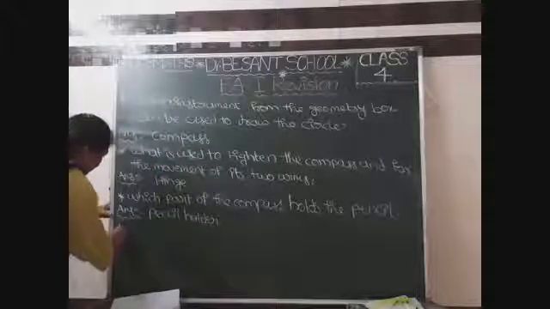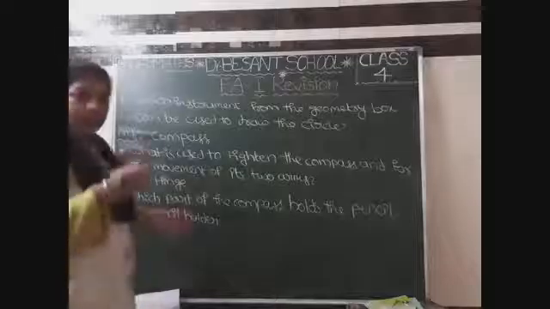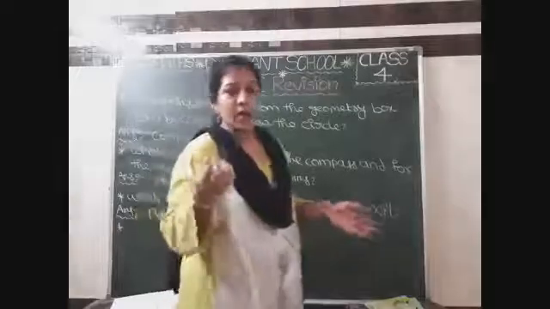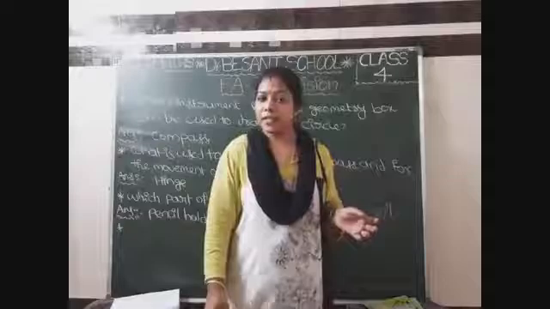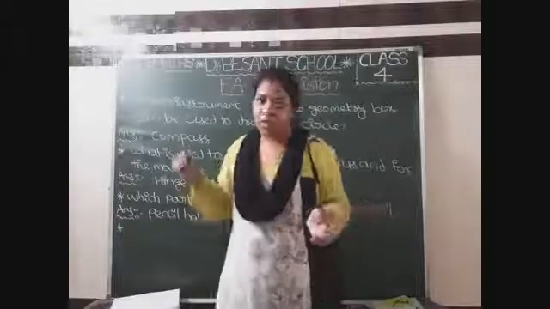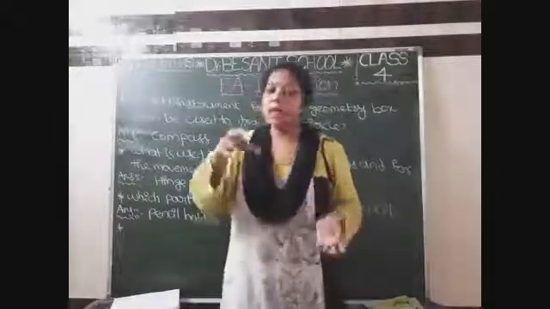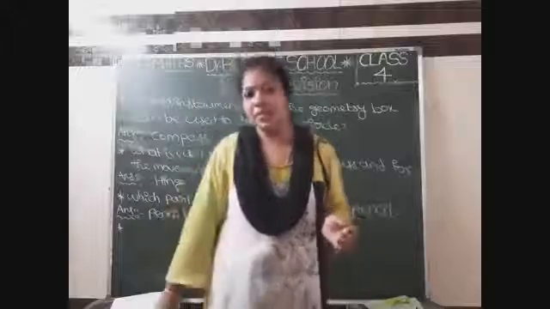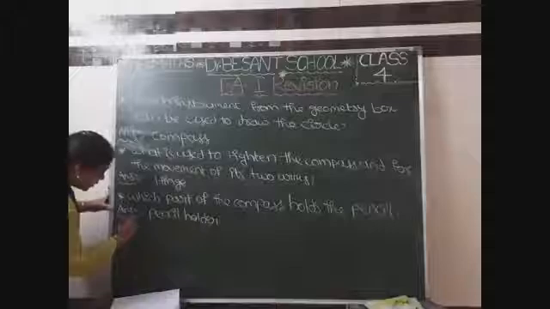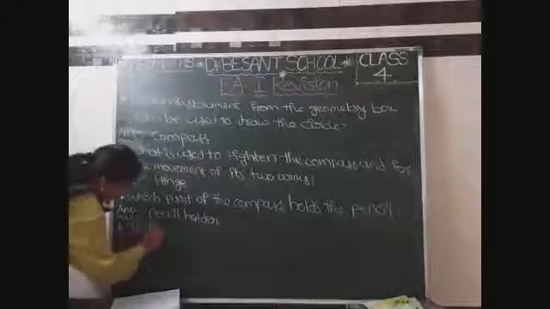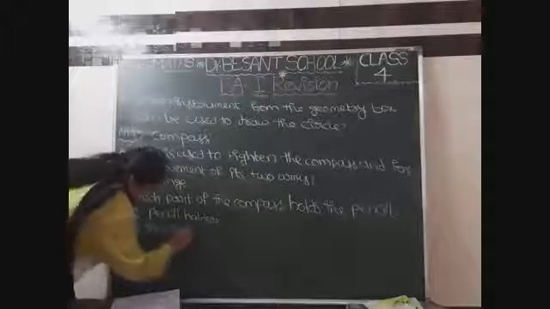Okay, next question. See, in the previous problems, I already gave the diameter value and asked the radius value. Now I am giving the radius value. We have to find out the diameter value. That is the next question.